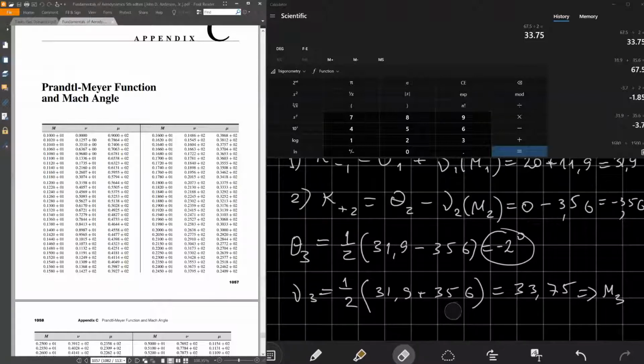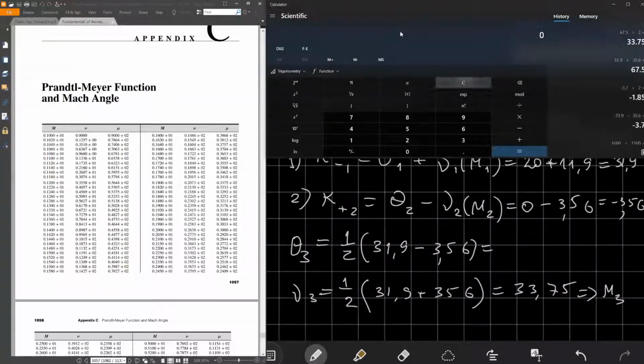Okay, I will make simple corrections here. So this will be not -2. This would be another value. 28, 34. No, 28 divided by 2, 14.